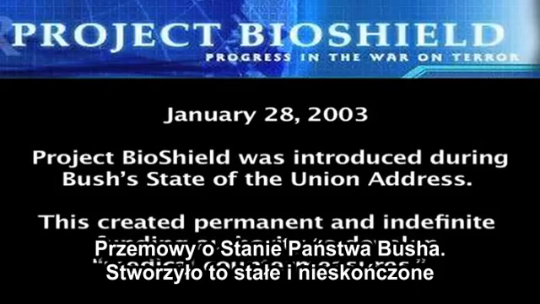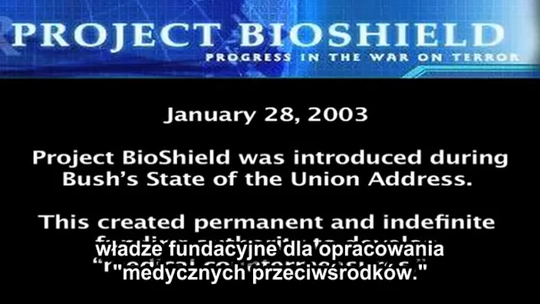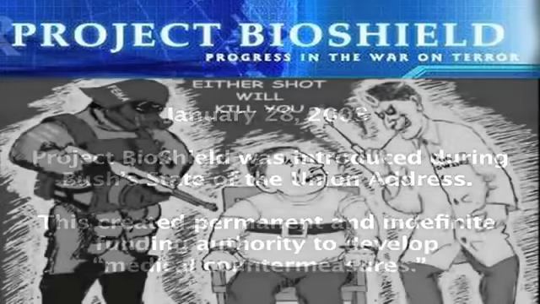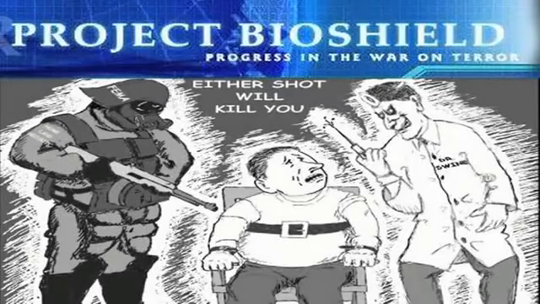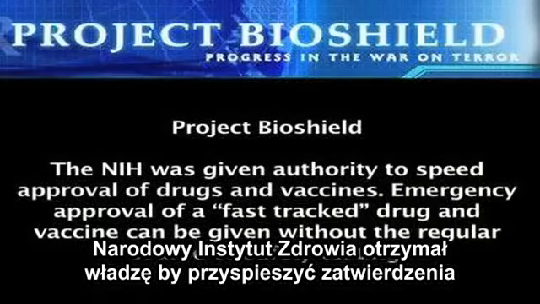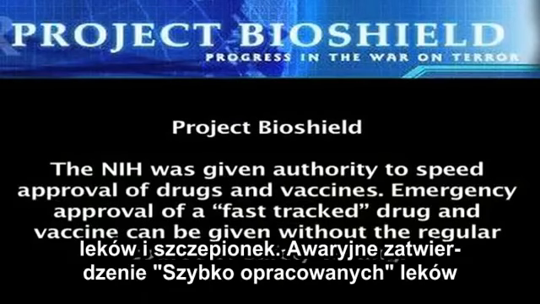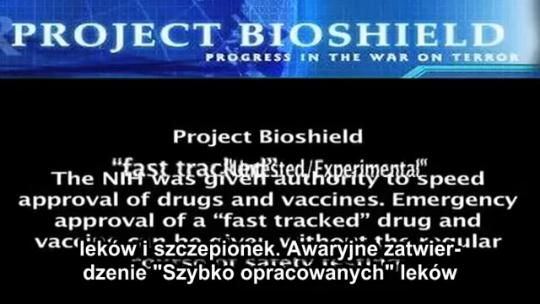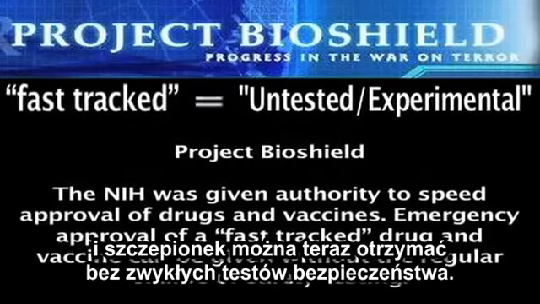This created permanent and indefinite funding authority to develop medical countermeasures. The National Institutes of Health was given the authority to speed approval of drugs and vaccines. Emergency approval of fast-tracked drugs and vaccines can now be given without the regular course of safety testing.